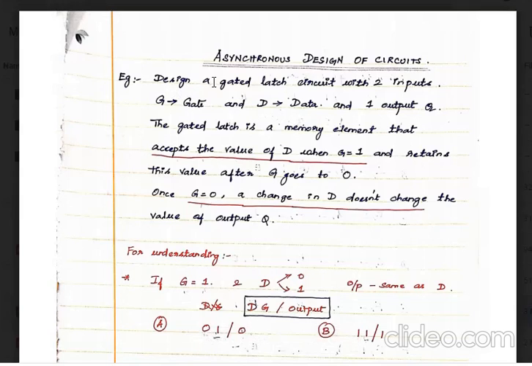Why we use asynchronous is that asynchronous uses a minimum amount of space, and the complexity is much higher compared to synchronous, but it gives speed. It's so fast compared to synchronous circuits. And in asynchronous circuits we will be using small portions in your process.